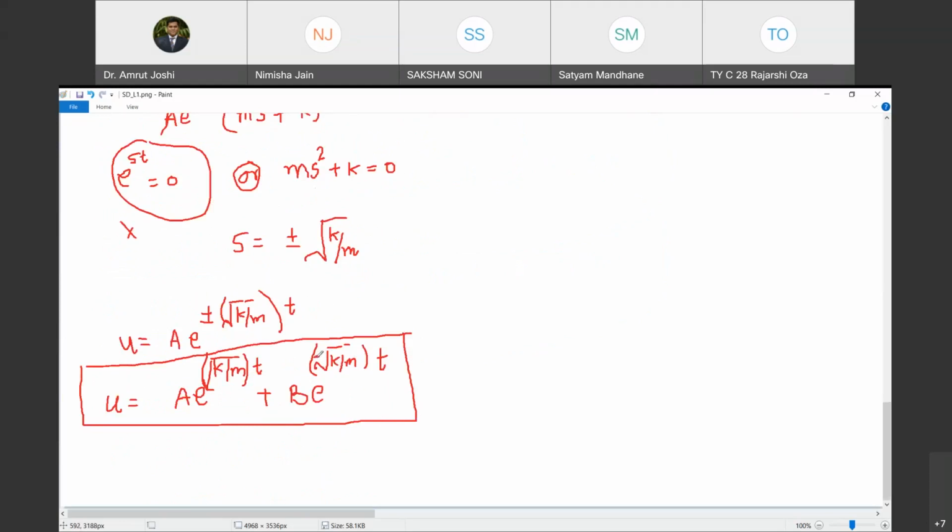This is minus. By the way, just have a look here. This is s square is equal to minus k by m. So it is going to be plus or minus square root of minus k by m. But square root of minus 1 is i. Do you agree with me? Saksham?